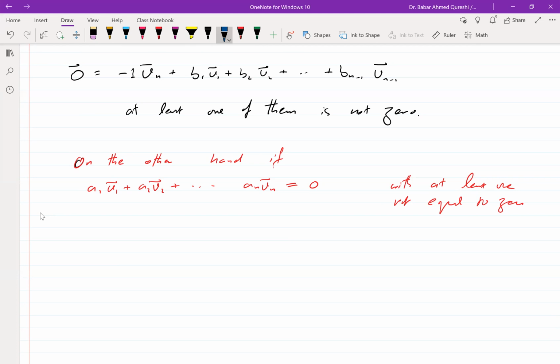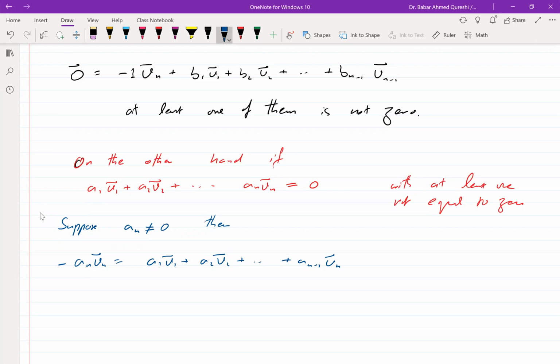You can pick the jth one, anyone. So suppose an is not equal to zero, then you can write, add to both sides minus an Vn. And then divide by an.